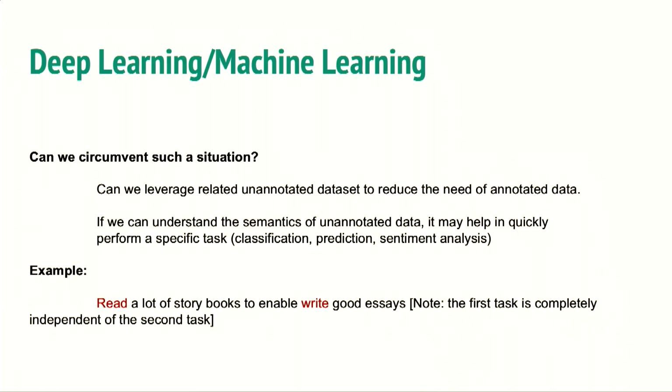So now frame it back to the old thing: we do not have many good essays, but we have a lot of good books, a lot of unannotated data. And if we know a lot of unannotated data, then the annotated task becomes much easier.